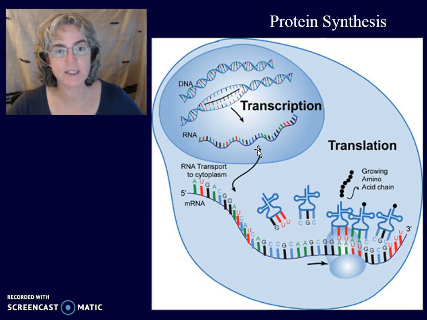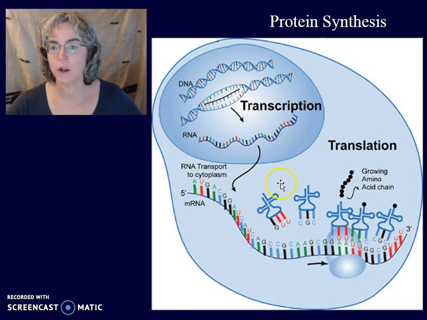So no energy is needed, but there does need to be a concentration gradient. There's a higher concentration of RNA in here, lower concentration of RNA out here. So RNA goes out into the cytoplasm where translation happens.